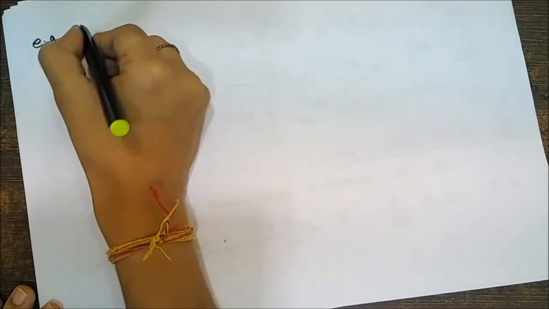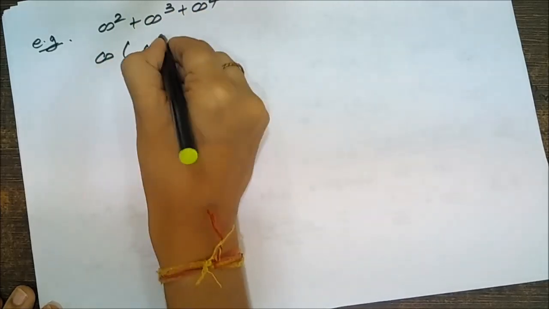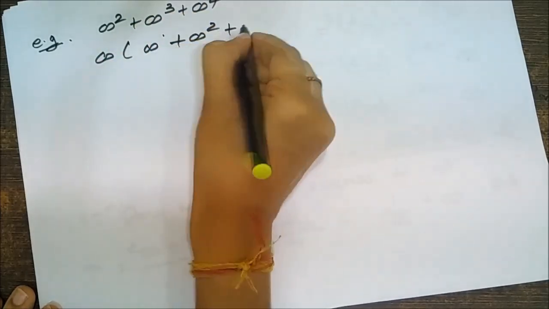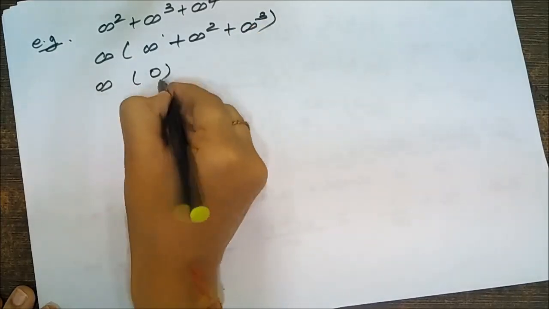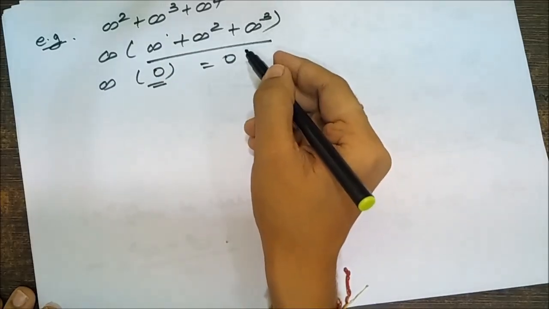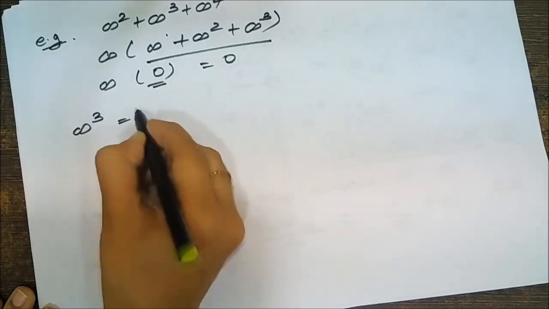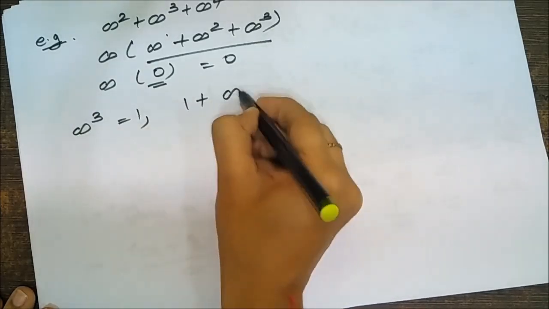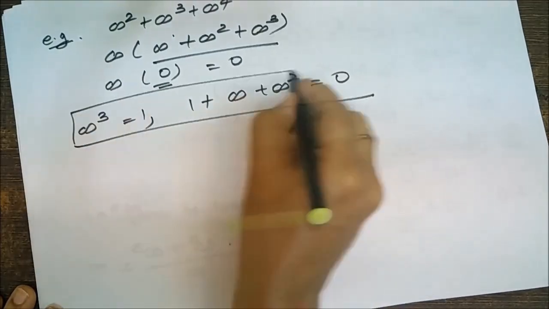One more example. We will take one of them common from each. Now this whole thing is equal to 0. How did you come to know it is equal to 0? Because this is equal to 1 and 1 plus omega plus omega square is equal to 0.